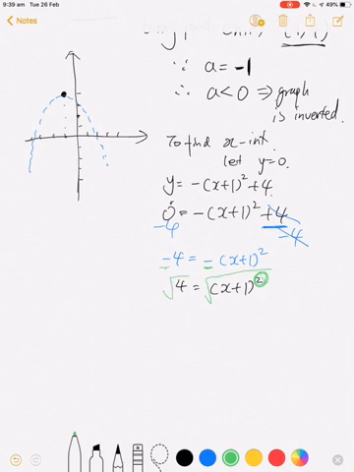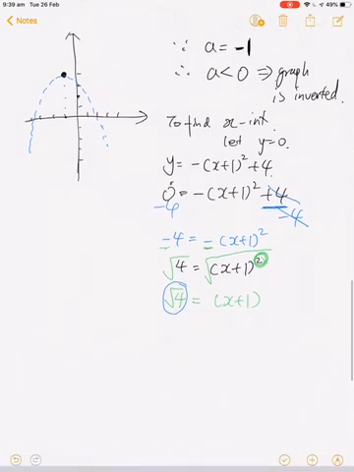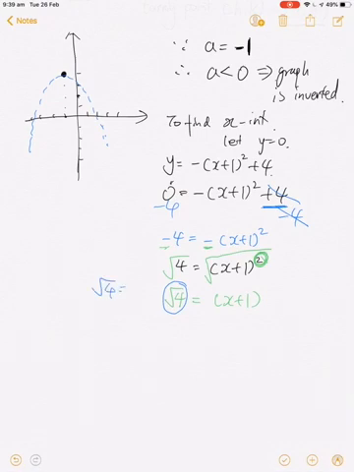The square root cancels out your square, so we have x plus 1 on the right hand side. On the left hand side, square root 4 can be equal to positive and negative 2. So now that gave me two different equations. So x plus 1 can equal to positive 2.